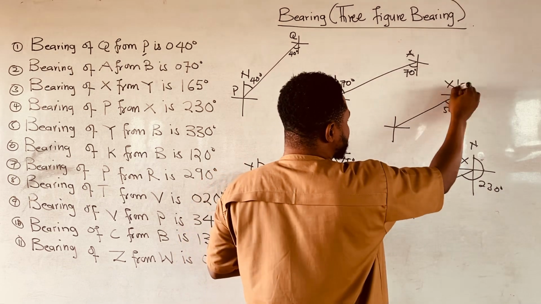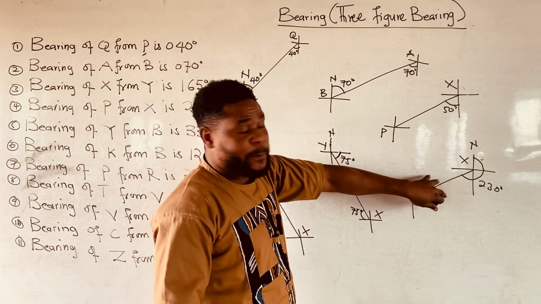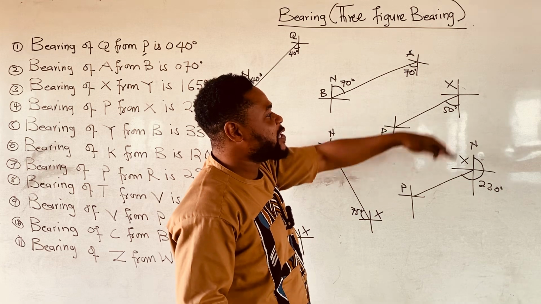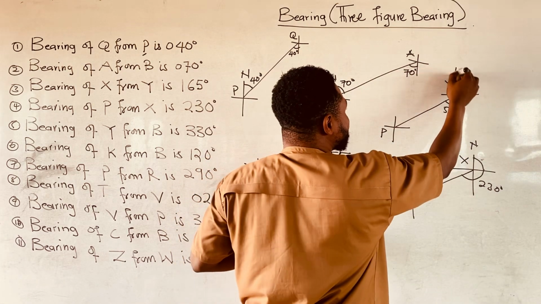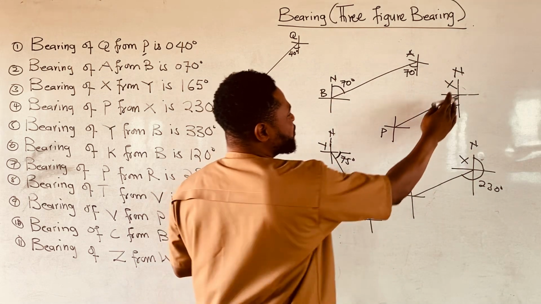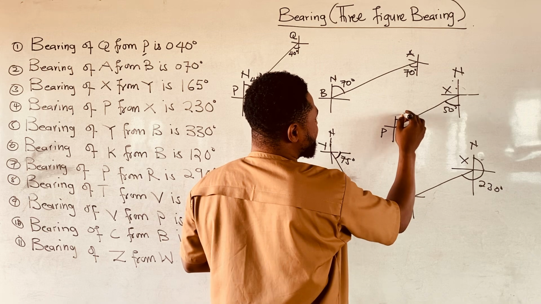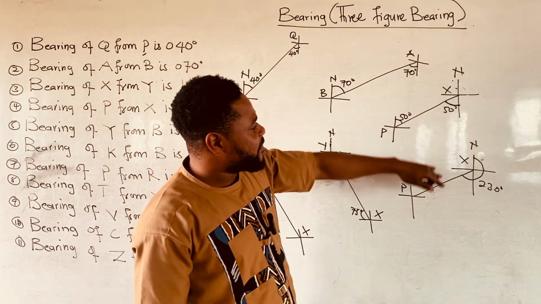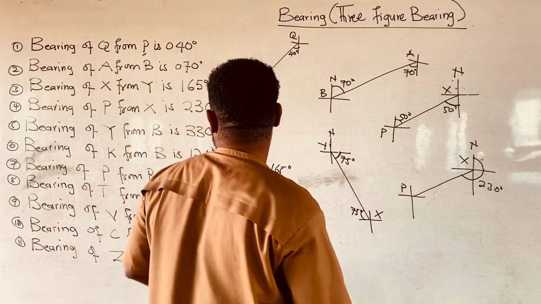That is from X to P. So this bearing is the same as this because true bearings need to be taken from the North Pole. All right? Nicely. So what can we do? This angle here will alternate to this angle, which will be 50 degrees. Then we can say that we've taken a bearing of what? 230 degrees.